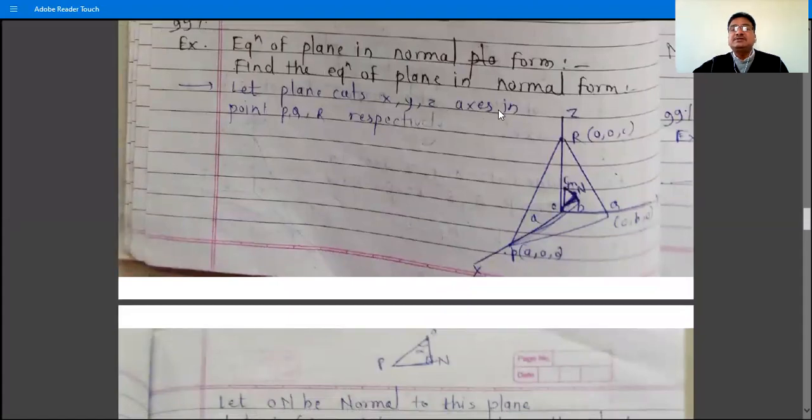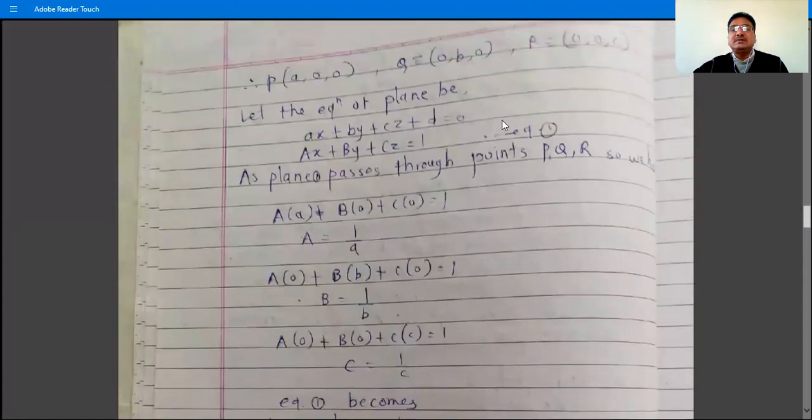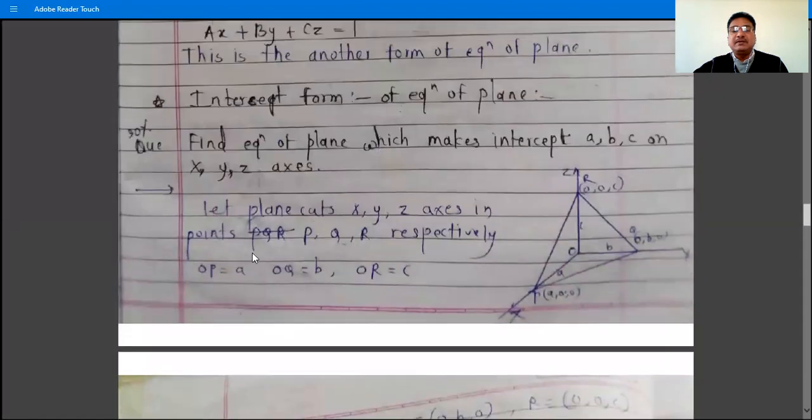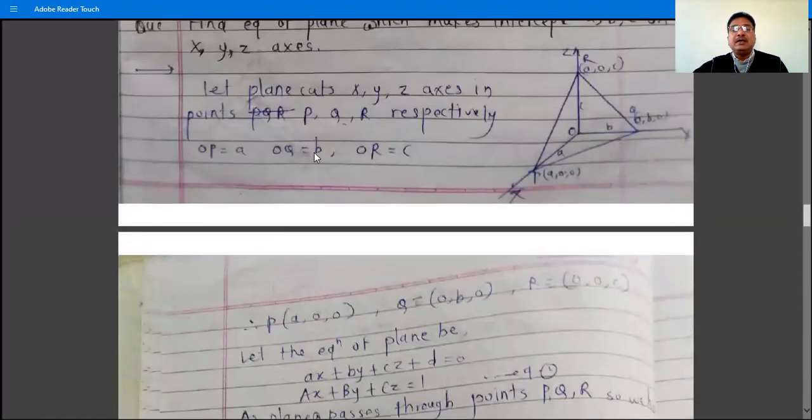Let the plane cut the x-axis, y-axis, and z-axis in the points P, Q, R. That is this statement. Let OP be equal to a, OQ be equal to b, and OR be equal to c.